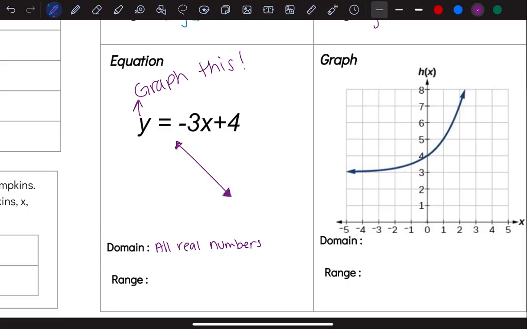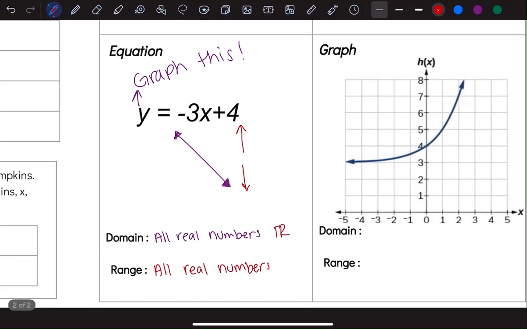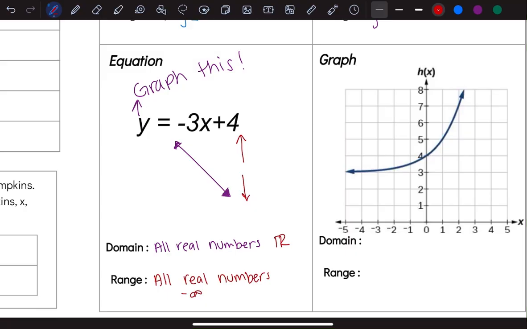So since I see two arrows going forever in the left direction and forever in the right direction, I have my domain as all real numbers. And since my function is also going forever up and forever down, that means my range is also all real numbers. And remember, you can write all real numbers multiple ways. I'm just writing it this way. You can even write it with the R with the bracket, or you can do negative infinity to infinity.